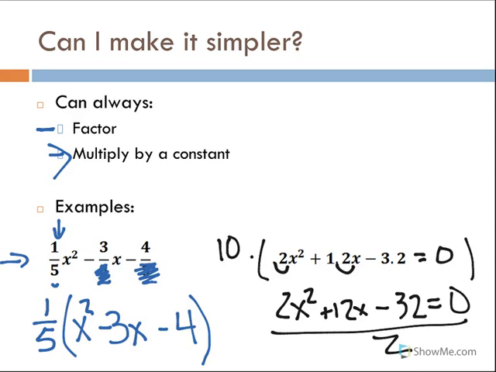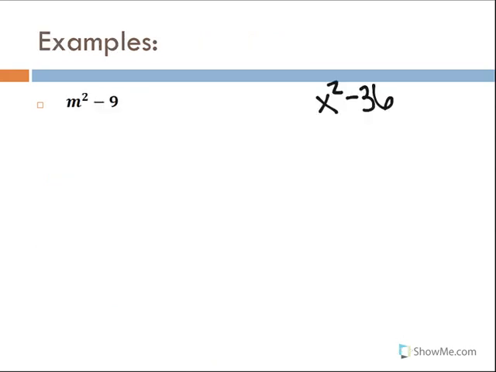So that's the whole idea of today. We're going to look at those special product rules to try to make things simpler, just like we did on these examples. Let's look at our first example here. I have m squared minus 9. What we want to do is see if I can rewrite my expression as my first term squared minus my second term squared.